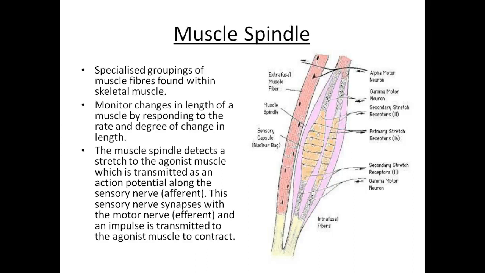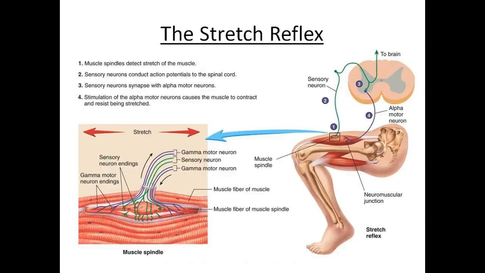And the muscle spindle detects a stretch to the agonist, that's the contracting muscle, which is transmitted as an action potential along the sensory nerve, which is the afferent nerve. This sensory nerve synapses with the motor nerve, the efferent, and an impulse is transmitted to the agonist muscle to contract. And there you've got a diagram of that.